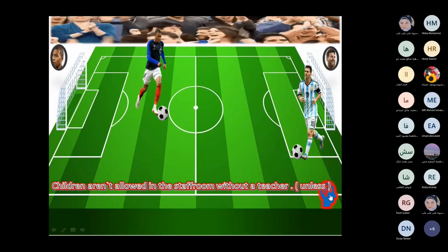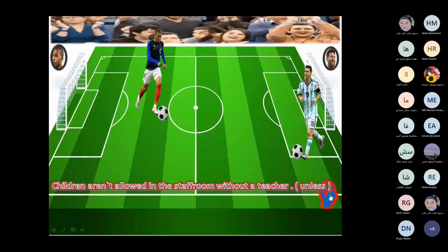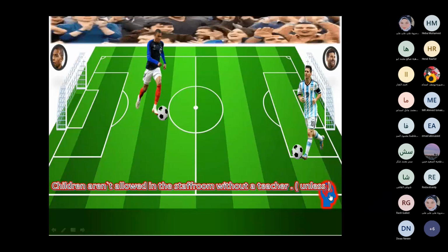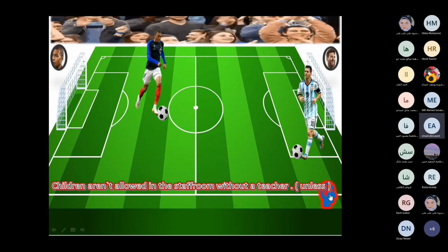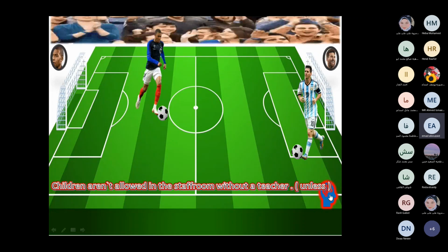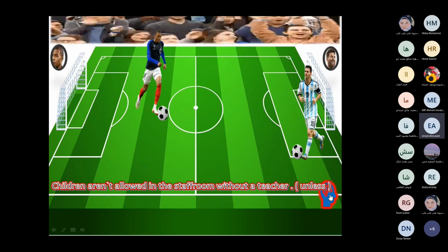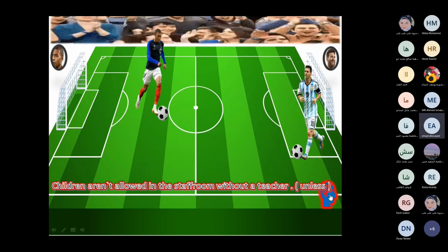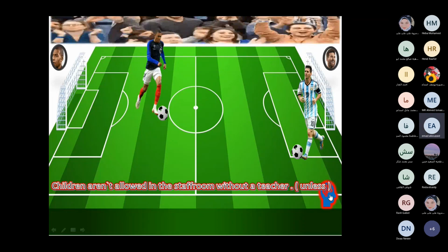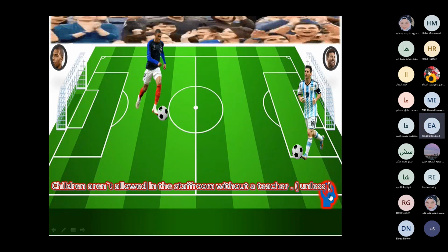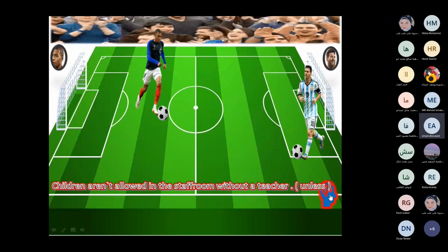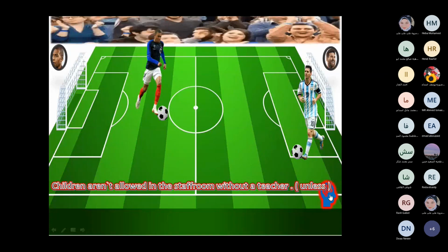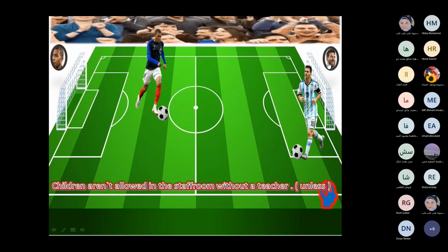Children aren't allowed in the staff room without a teacher. Use unless. Children aren't allowed in the staff room unless there is a teacher. Excellent. That's what you get here.